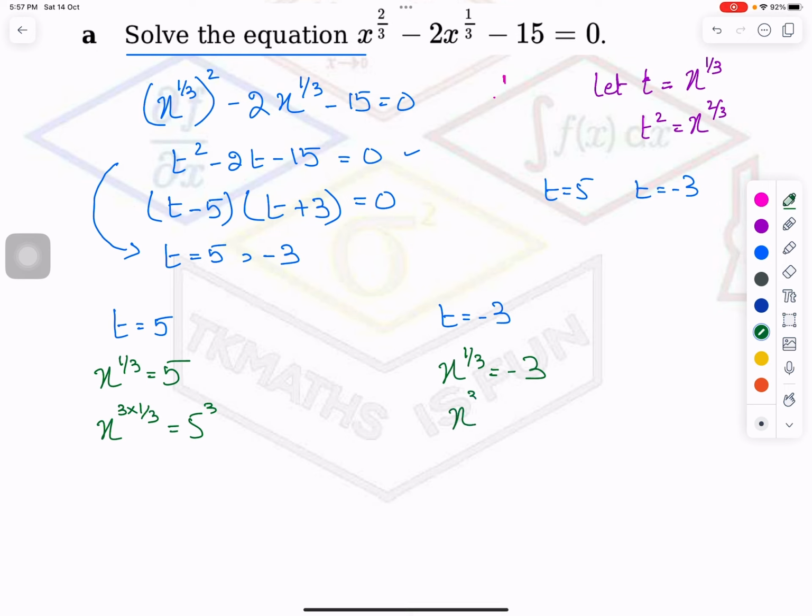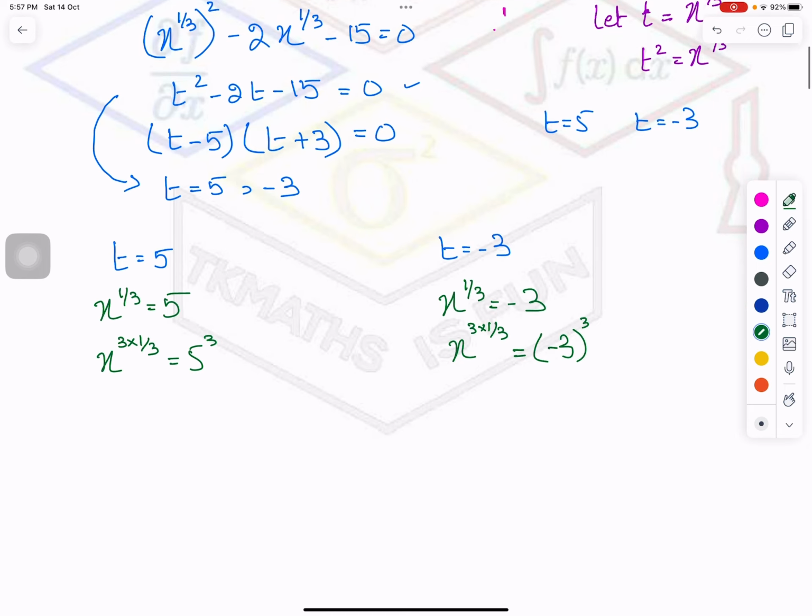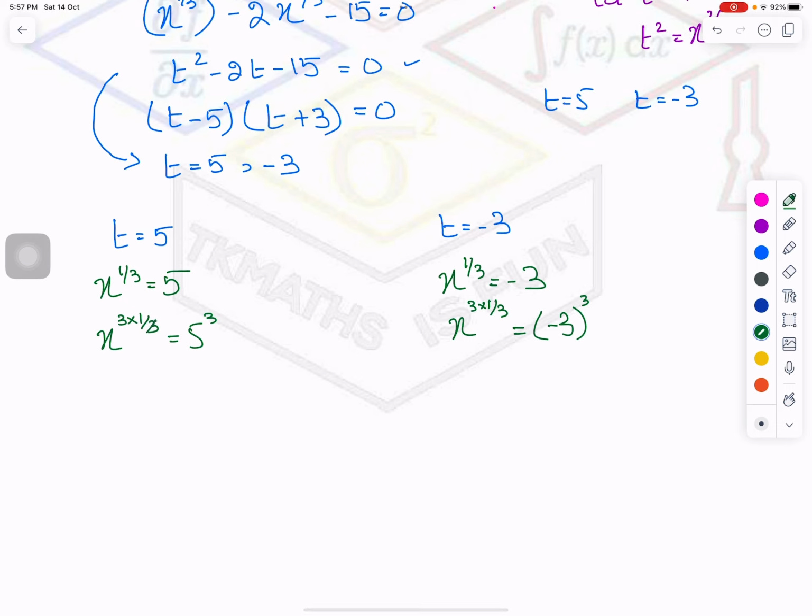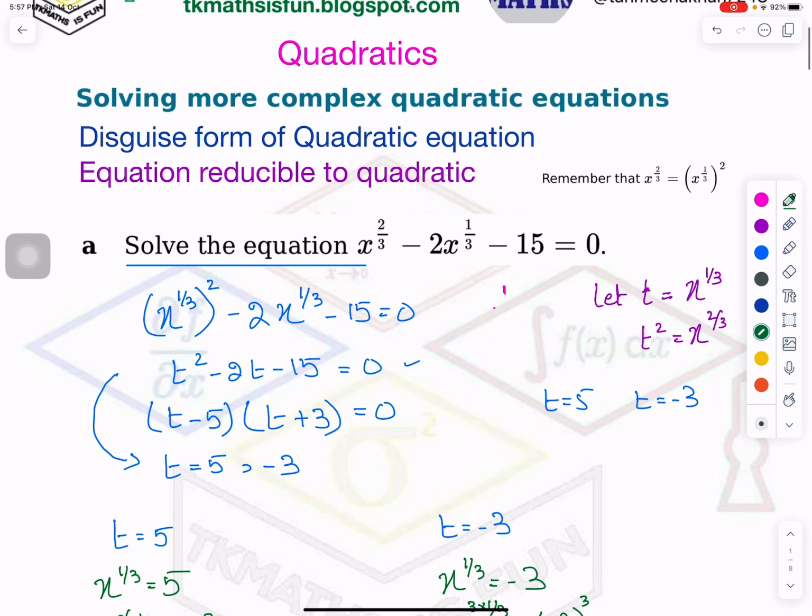So it will be (x^(1/3))^3 = 5^3, and in the other case (-3)^3. Please put brackets so that confusion can be avoided. So now this will cancel out and x equals 5 power 3, which is 125. And in this case, x equals minus 27. So these are your two answers of solving this disguised case.